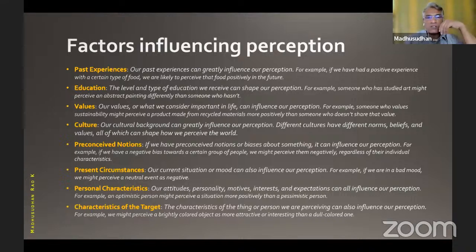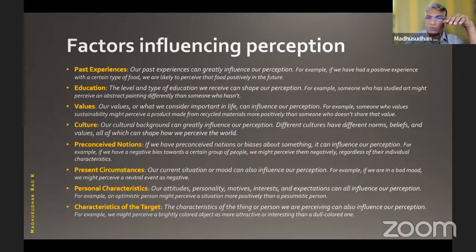Now, preconceived notions. I'll give you an example. If we have a negative bias towards a certain group of people, we might perceive them negatively regardless of their individual characteristics. Now present circumstances: if we are in a bad mood, we might perceive neutral events also as negative.